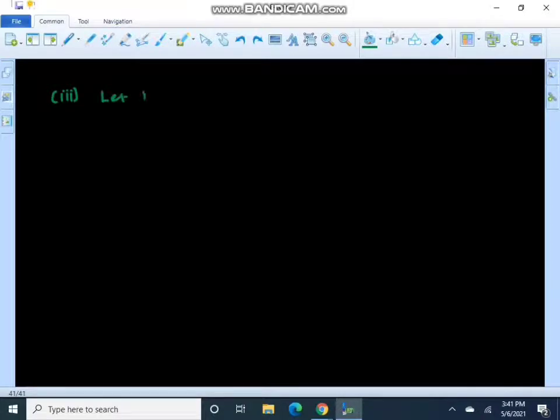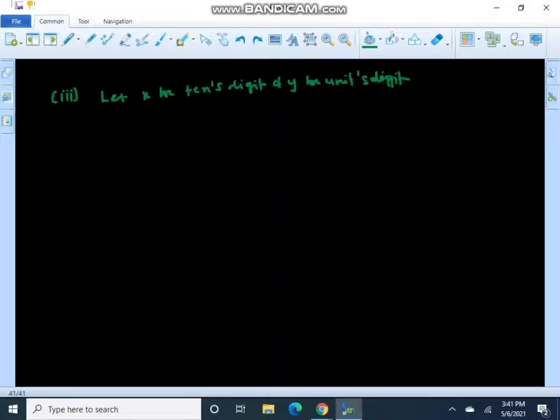Let x be the tens digit and y be the units digit. Now it is not compulsory that you take x to be the tens digit only. If you want to take x as the units digit, you can, and y can also be the tens digit.